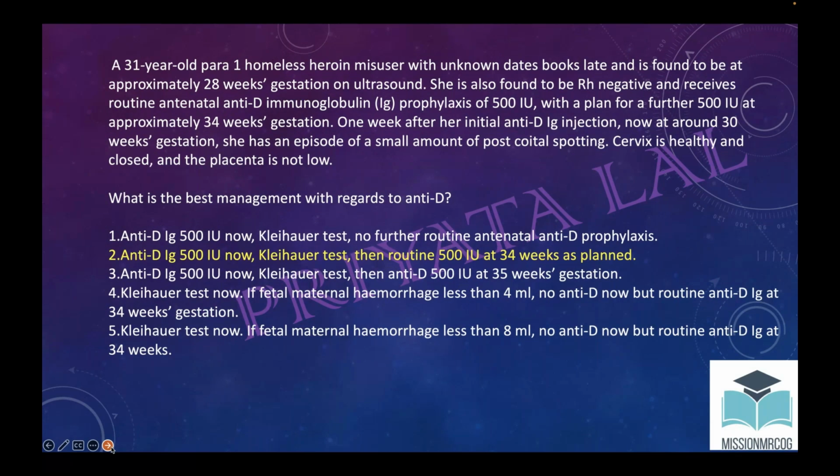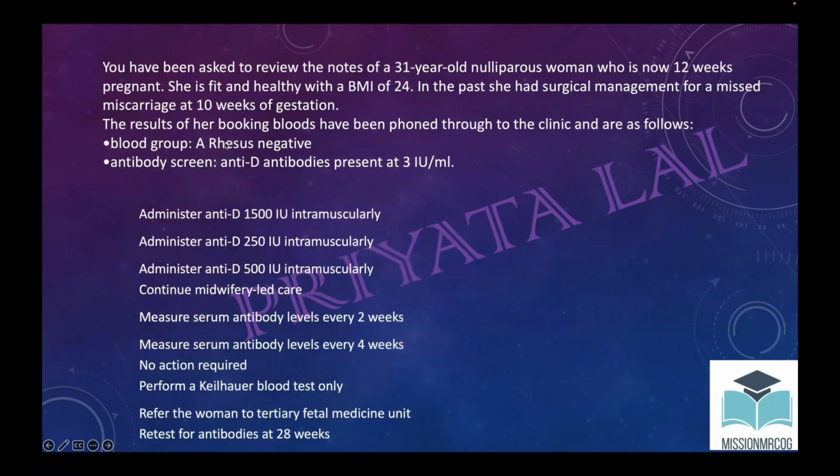Okay, so now you have been asked to review a 31-year-old nulliparous woman who is 12 weeks, fit and healthy, with past management for miscarriage at 10 weeks. Her booking blood shows A negative and anti-D is 3. What is to be done? The patient is already sensitized.